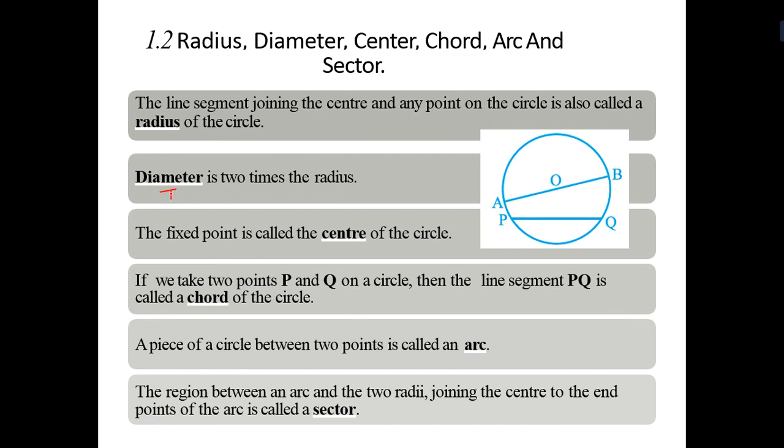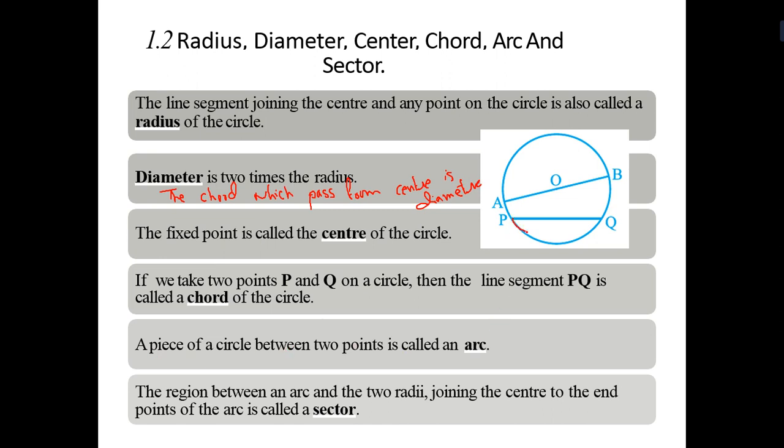The chord which passes through the center is called diameter. That is also a definition. A piece of circle between 2 points is called an arc.